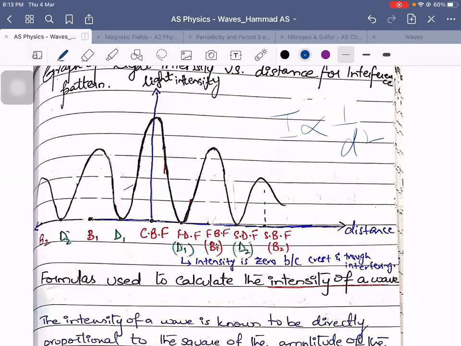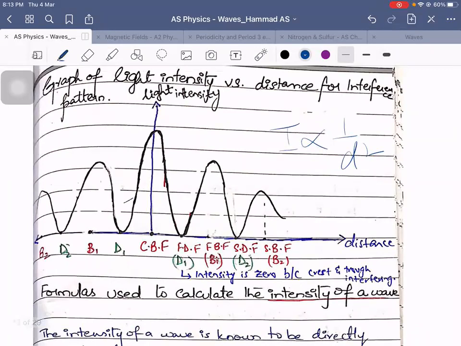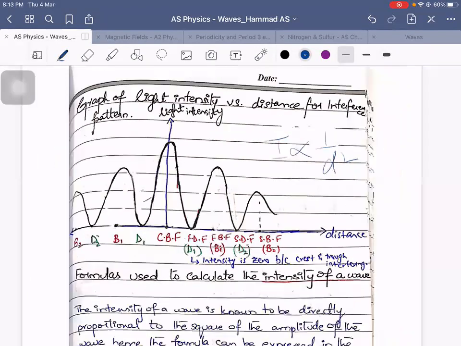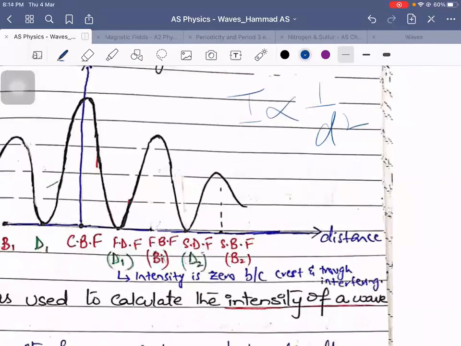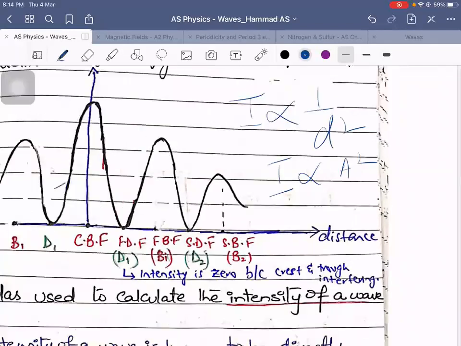As the distance increases, the intensity simply decreases, such that there's an inverse square relationship. Please understand that intensity is directly proportional to amplitude squared. These are direct numericals.